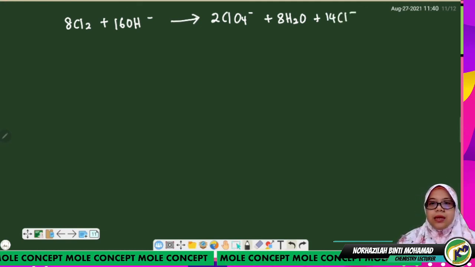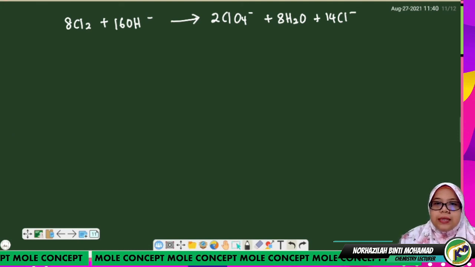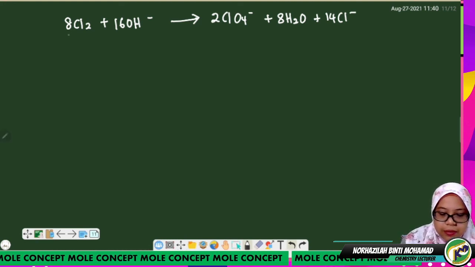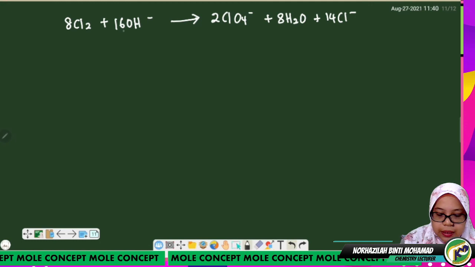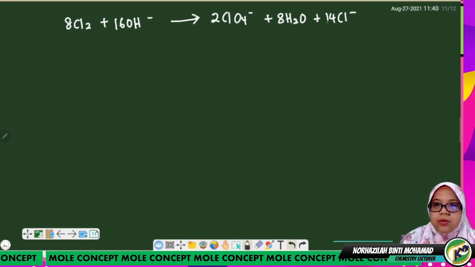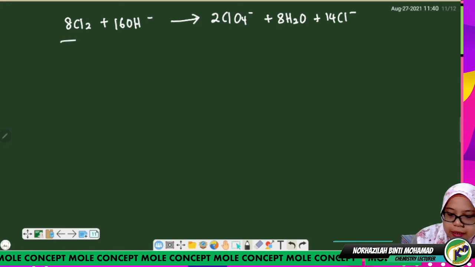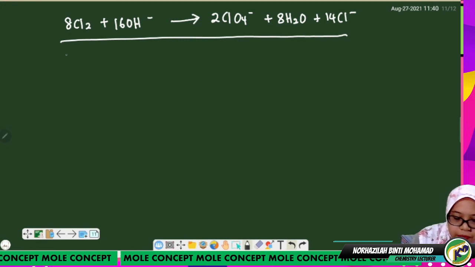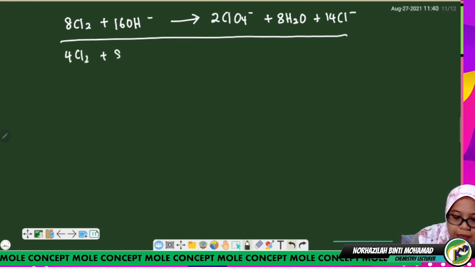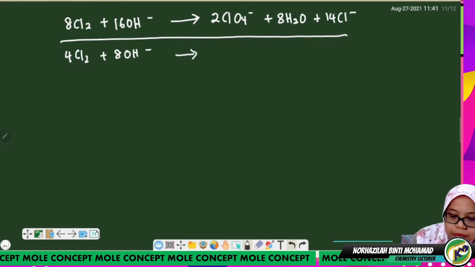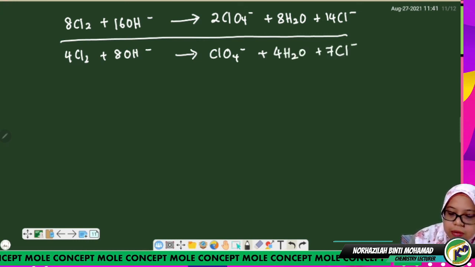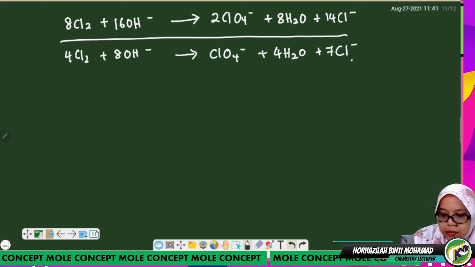Okay, so we get it like that. Since the stoichiometric numbers of each species are 8, 16, 2, 8 and 14, we can simplify the numbers by dividing by 2. So I get 4Cl2 plus 8OH minus produce ClO4 minus plus 4H2O plus 7 chloride. Okay, so this is your balanced equation.